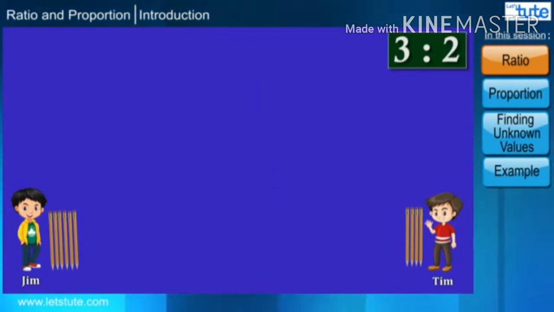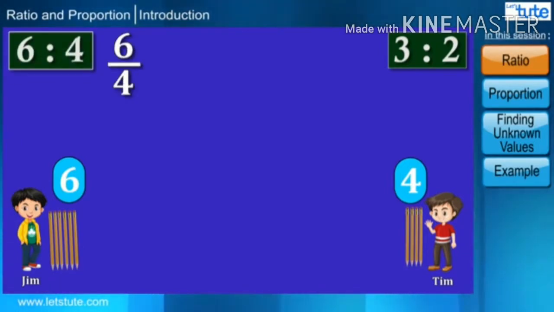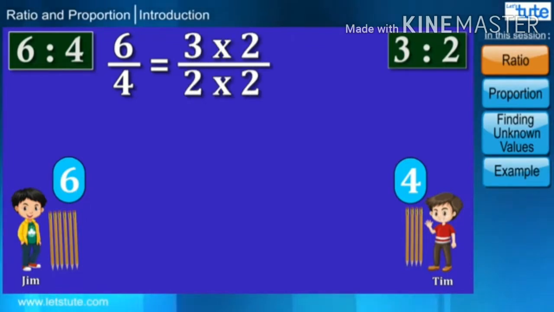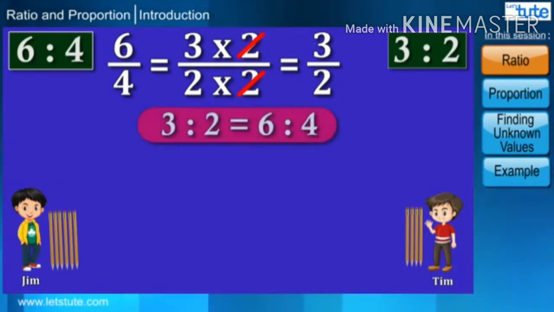Well, now in total Jim has 6 pencils and Tim has 4 pencils, or their ratio of pencils is 6:4 or 6 by 4. But wait, we were given that pencils should be divided in the ratio of 3:2. Now we can cancel 2 and we will get 3 by 2 only, which means 3:2 is equal to 6:4.